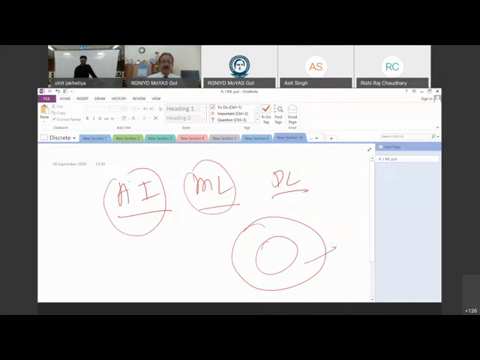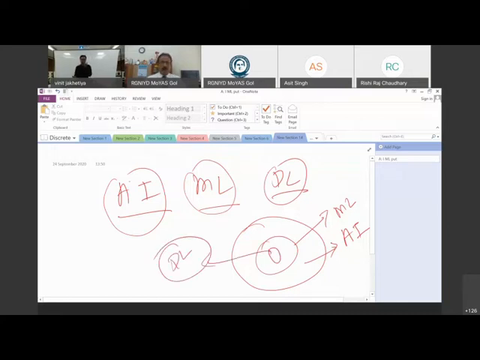So let's say this is AI, this is machine learning, and deep learning is the subset of machine learning. So this is deep learning, right? A lot of algorithms are available, let's say A star, heuristic search, DFS, BFS. So many algorithms are available. They are part of artificial intelligence.